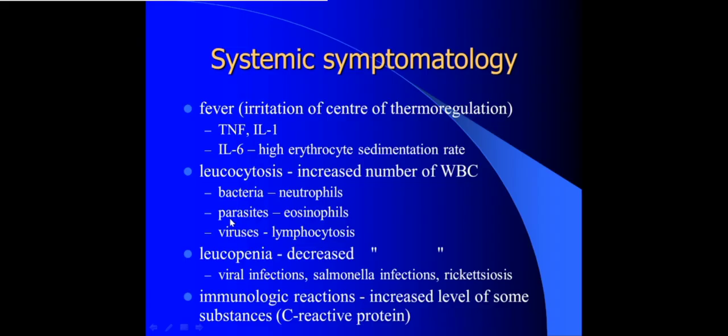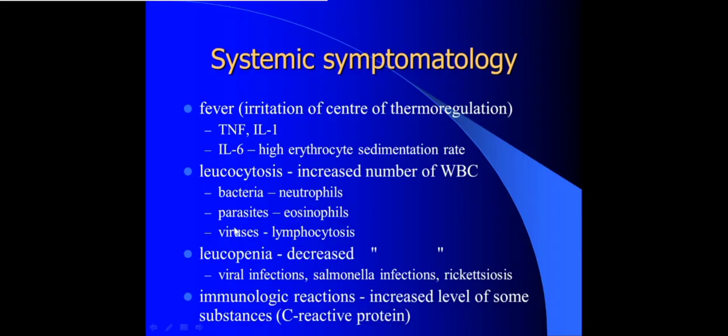And if inflammation takes place via virus, then lymphocytosis will occur. So these are all terms according to the pathogen that causes the inflammation. If bacteria cause the inflammation, then neutrophils will be increased. If parasites cause inflammation, then eosinophils will be increased. And if virus causes inflammation, then lymphocytes will be increased.